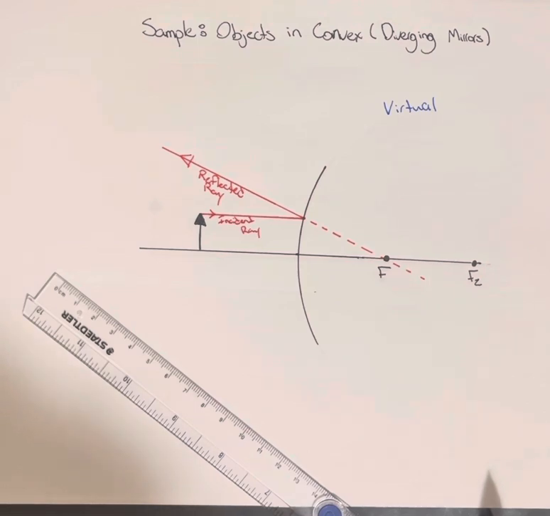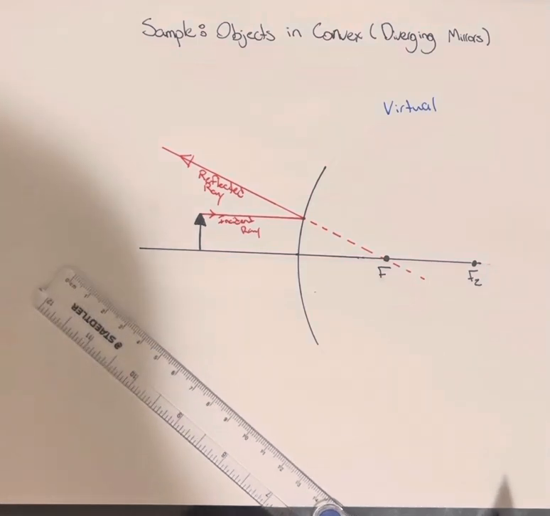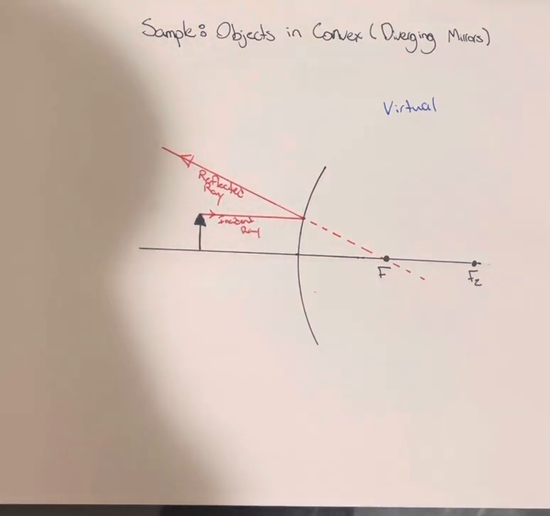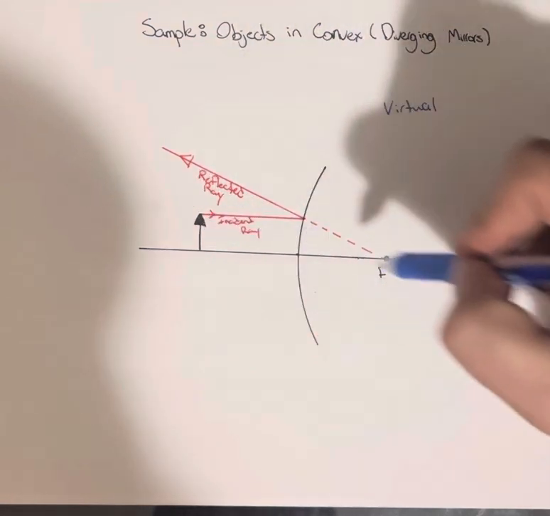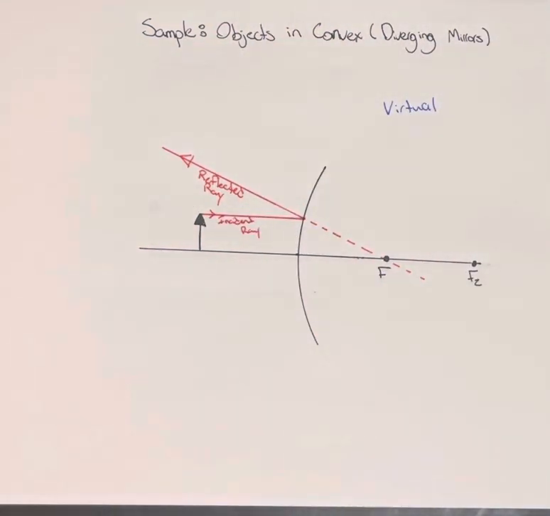Okay, now the next thing that you are going to see, exact same thing as we saw last time, is we are going to start by having our second incident ray traveling directly to the focal point. However, this is not necessarily going to be something that is able to happen, as it won't be able to physically pass through that mirror. But we're going to go through with that anyways.